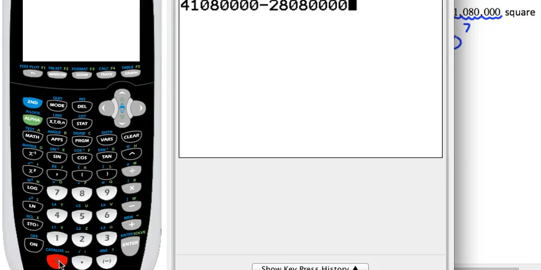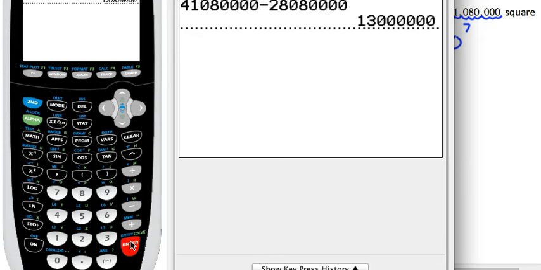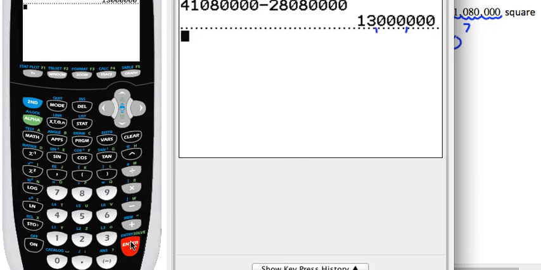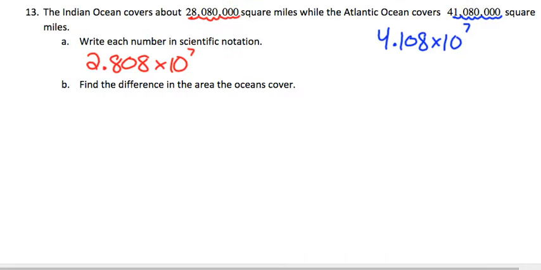So to avoid any confusion in the subtraction, I would use the standard form numbers in order to do that subtraction. Okay? And so that's going to give you a difference of 13 million. Again, I just think that's a little bit easier to work with, the normal numbers, rather than trying to subtract in scientific notation, because that can get pretty tricky. So the difference is 13 million.